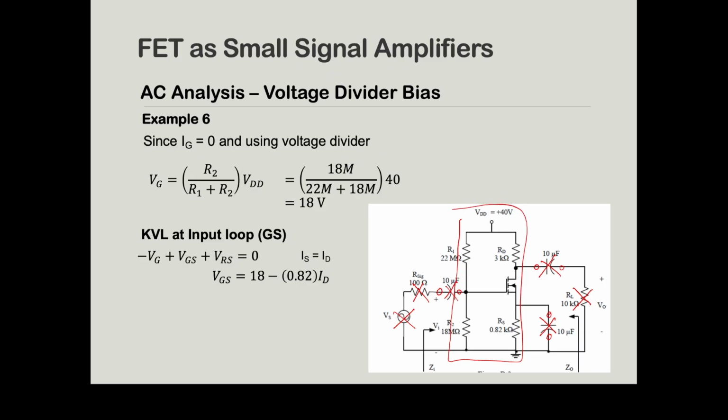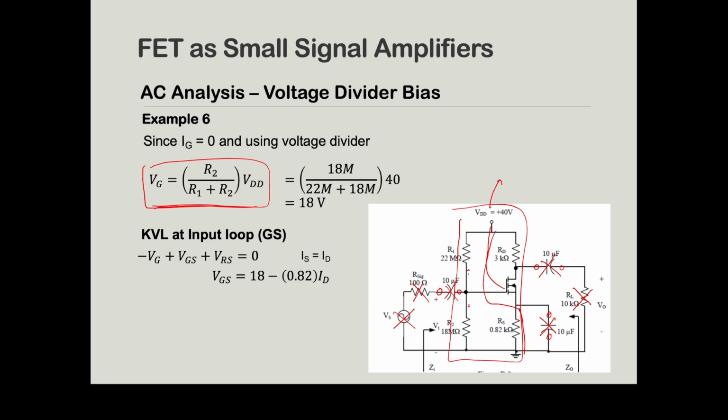When you look here, this is a voltage divider. So we can separate the gate and source, and drain and source. We can redraw the circuit, because you need to know how this equation is produced.